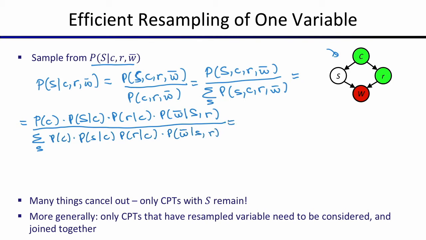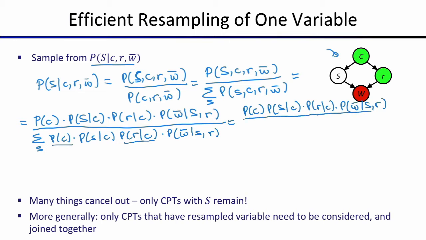Okay, so we can move out this term here. It does not depend on s. This term here does not depend on s. So we'll have the probability of c, the probability of the big S given c, the probability of a little r given c, and the probability of not w given s and r.